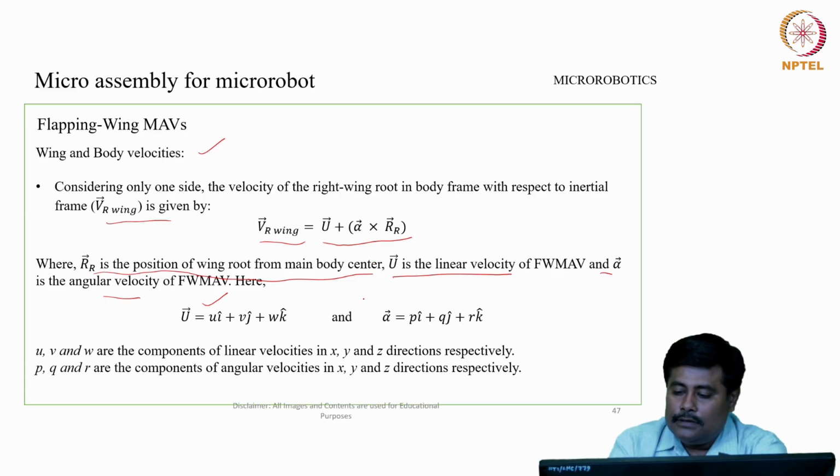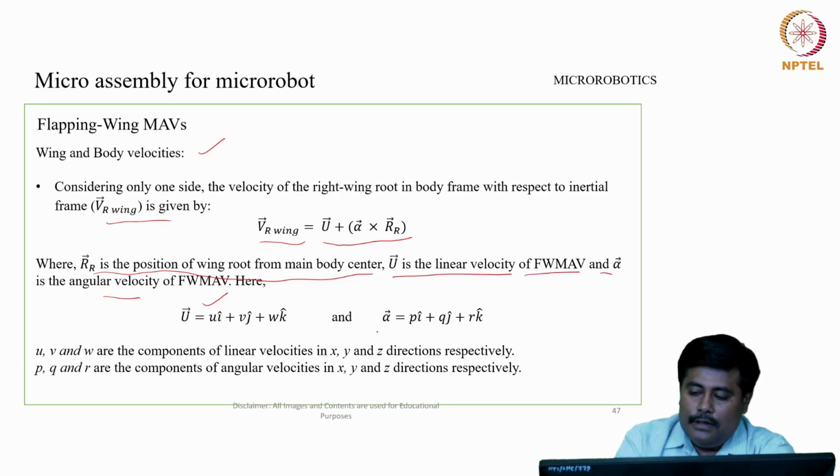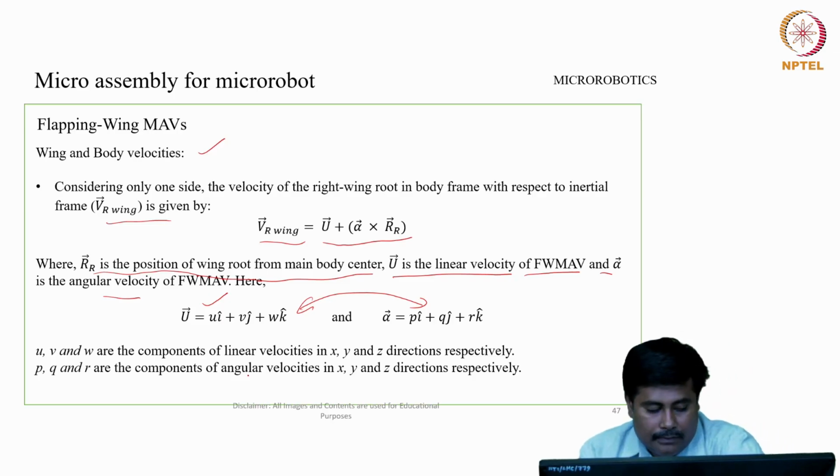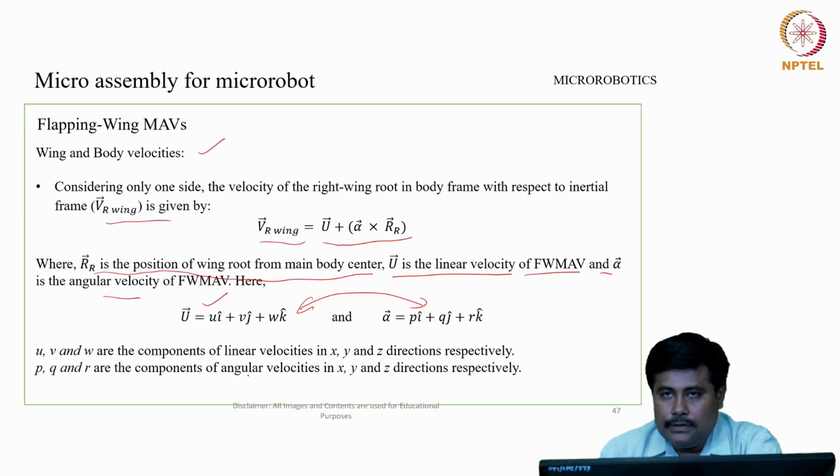U is the linear velocity, FW MAV is the flapping wing MAV, and alpha is the angular velocity here. In this particular case, we have two sets: one with reference to the linear velocities, and the other with reference to angular velocities.